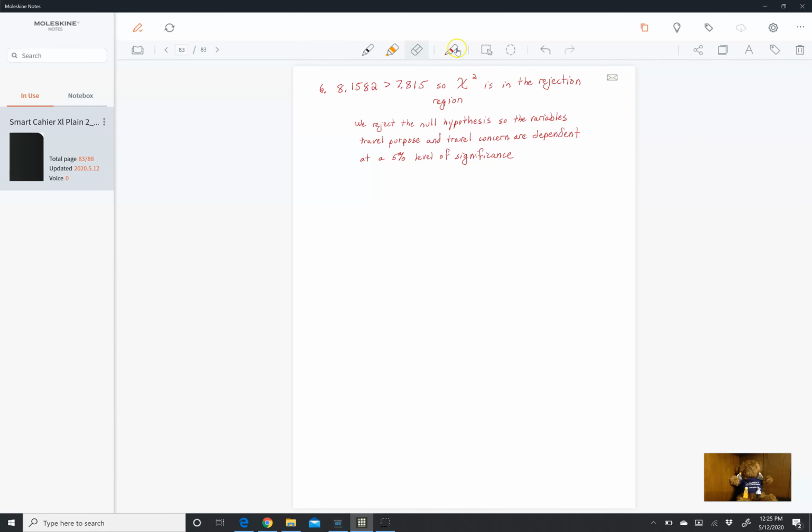I'm going to put a note down here. At a 1% level of significance, remember 1% would mean if we had done this with alpha equals 0.01, chi-squared would not be in the rejection region.